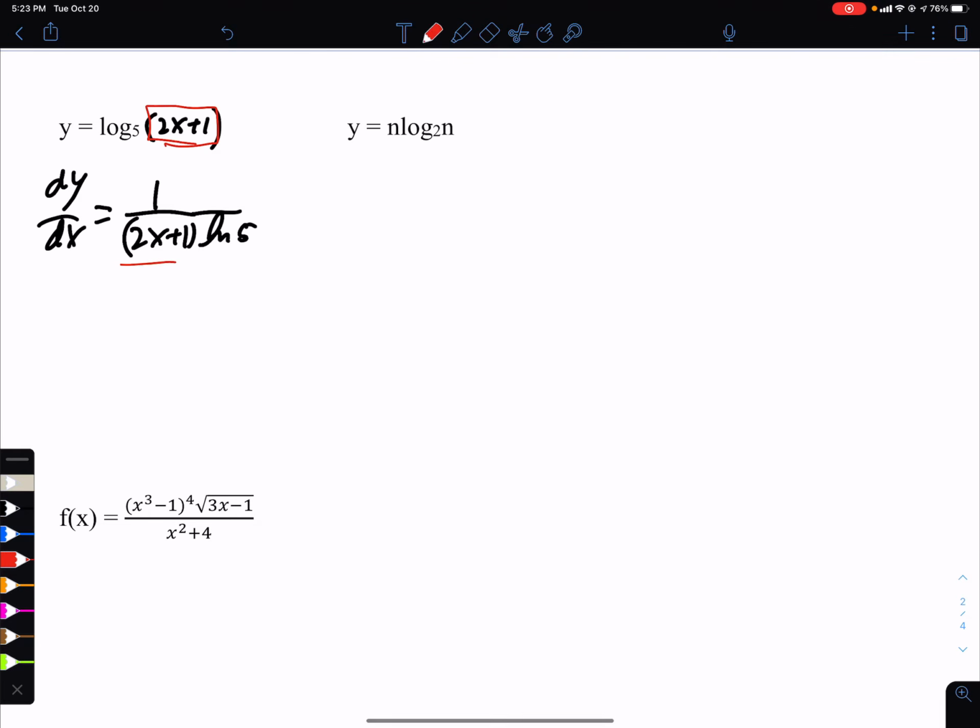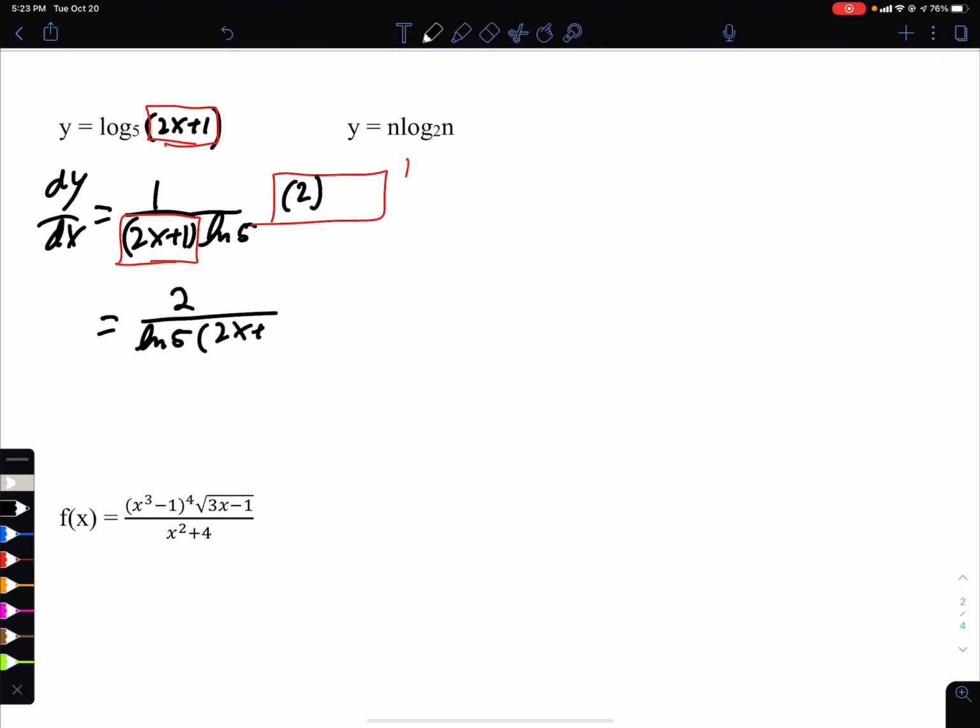So it's 1 over box, ln of the base, times the derivative of box. And the derivative of box will be 2. And so that's our answer. 2 is on top. And on the bottom we have ln of 5 times 2x plus 1. So that will be that one. And let's just keep going.